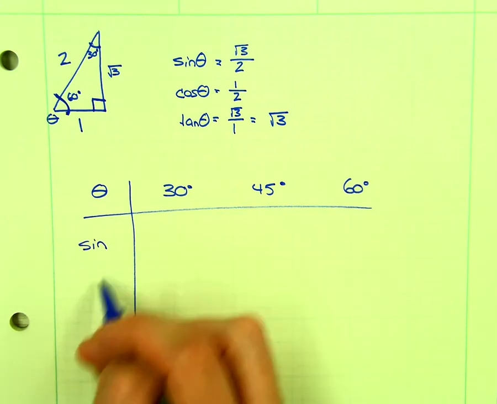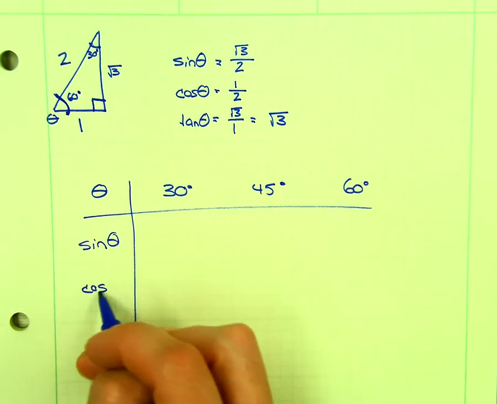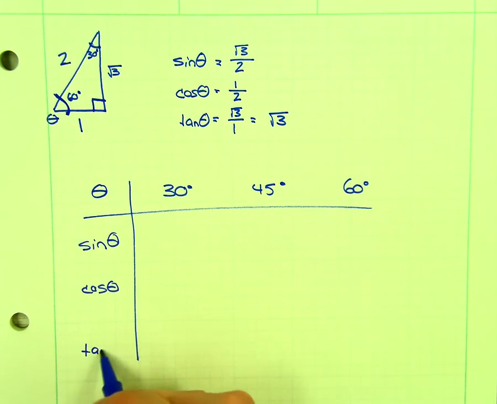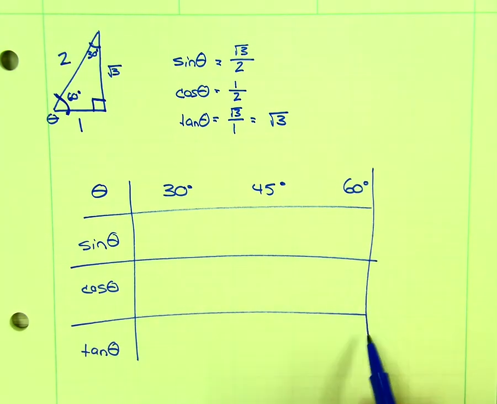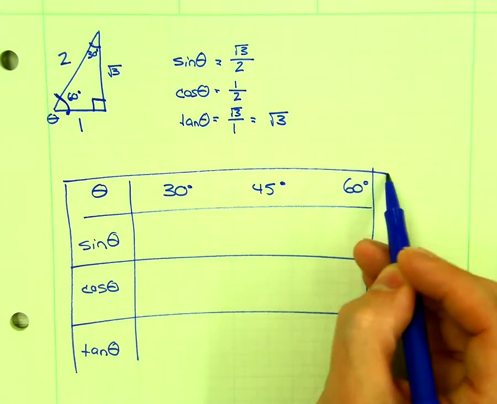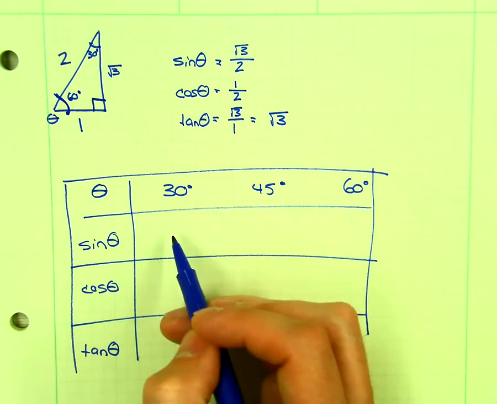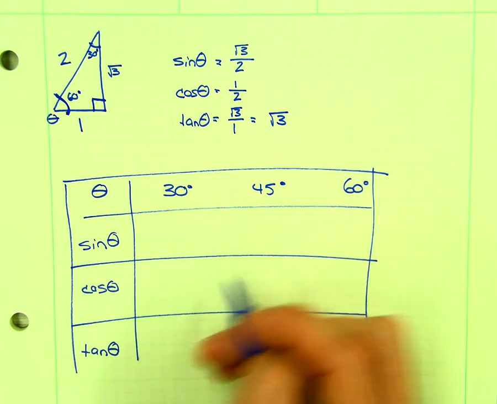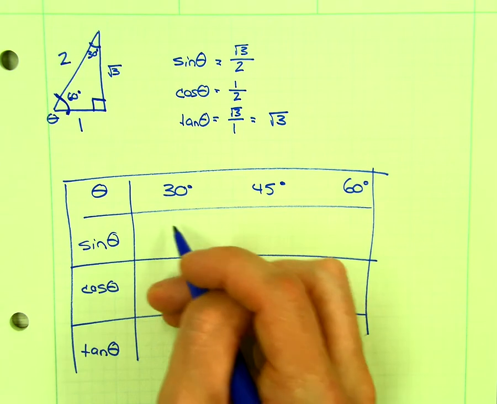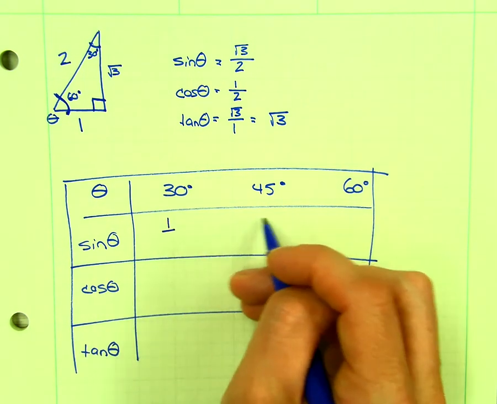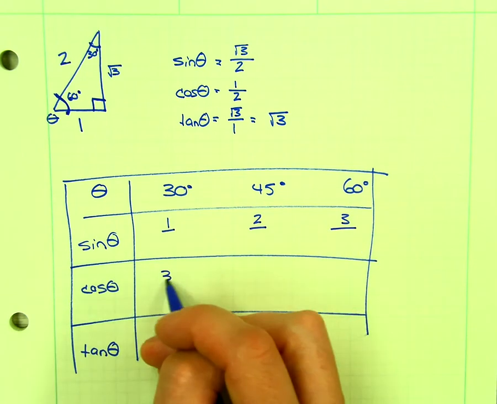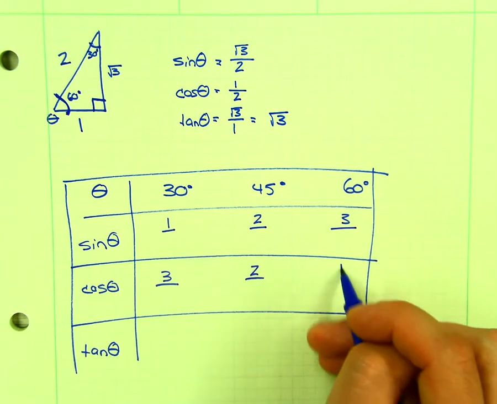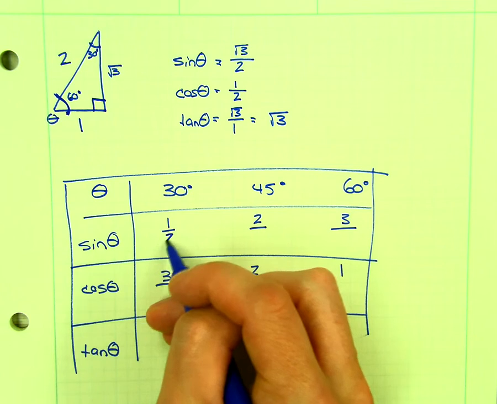And down the side I've got sine of theta, cosine of theta, tangent of theta. Now, this is going to look really similar to when we were filling out our unit circles, but across the top, this first one just goes 1, 2, 3. The second one goes 3, 2, 1. So we go 1, 2, 3, 3, 2, 1, just like this. Now, of course, they're all over 2.